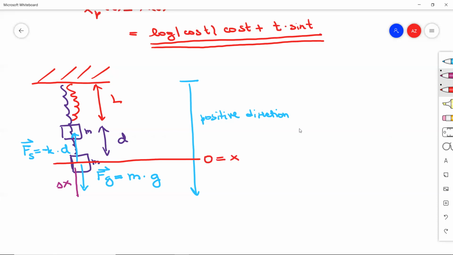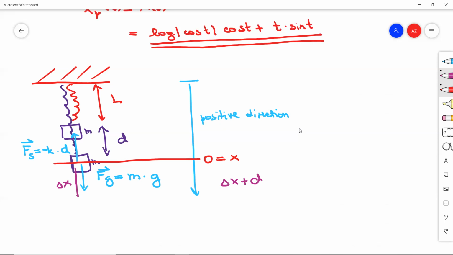The force of the spring will increase because the stretch will be bigger. It will be delta x plus d. The force of the spring will increase, the force of gravity will remain the same. That's why the object will start to vibrate.